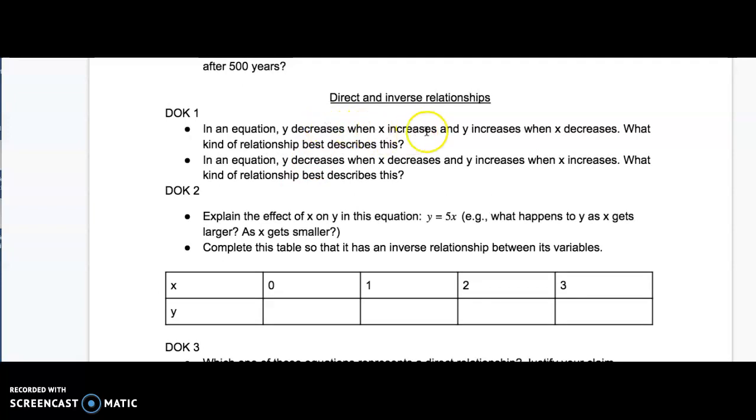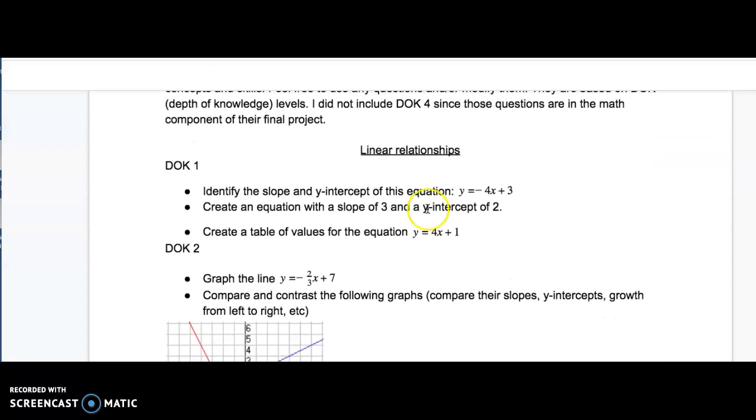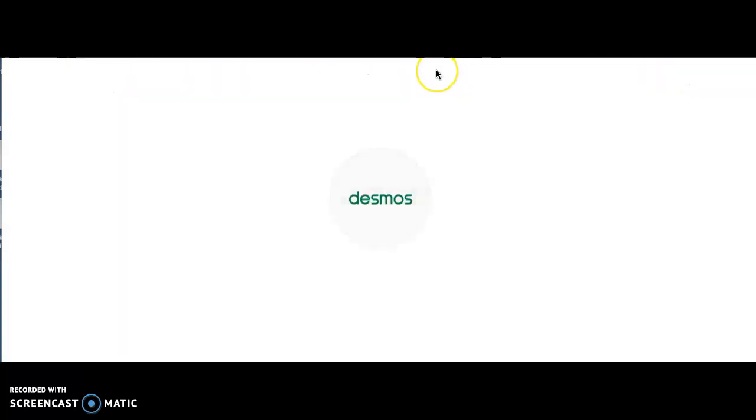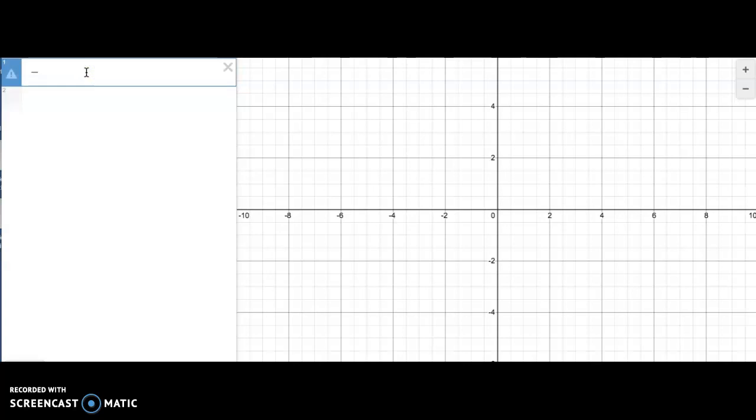As y decreases when x increases and y increases when x decreases, what kind of relation best describes this? So this is the equation up here, okay? So you can see that because it's negative, when x goes up, the y goes down. We can test that from looking at Desmos. So we have y equals negative 4x plus 3, okay?